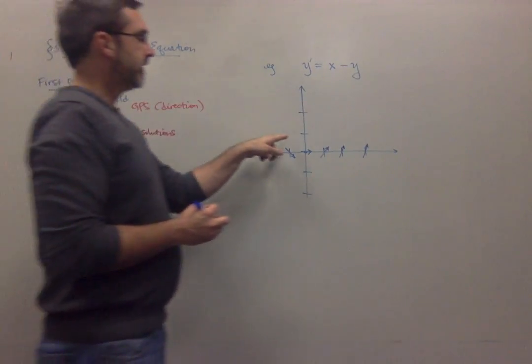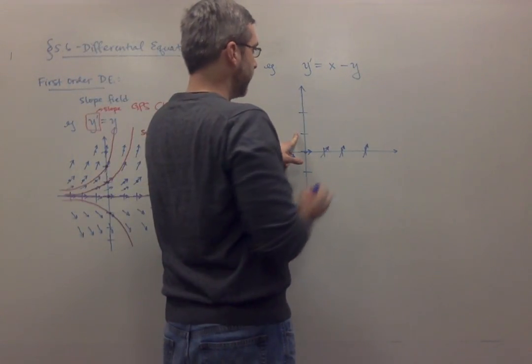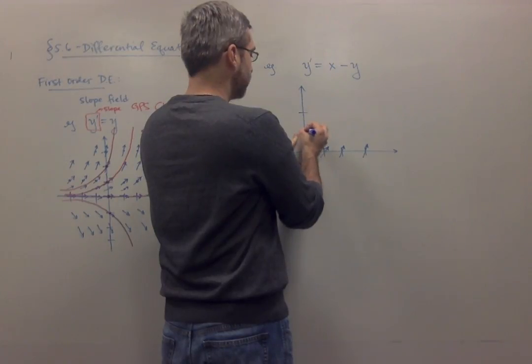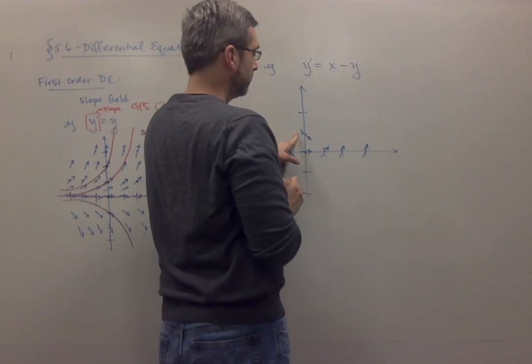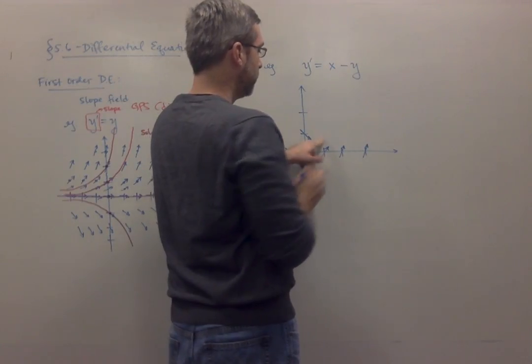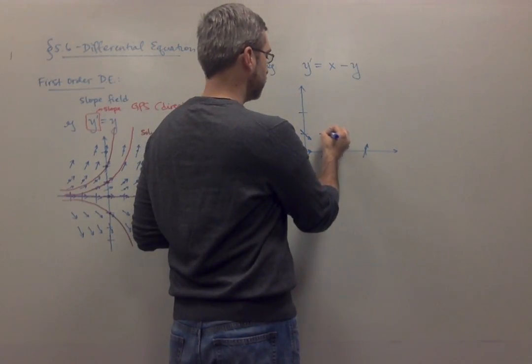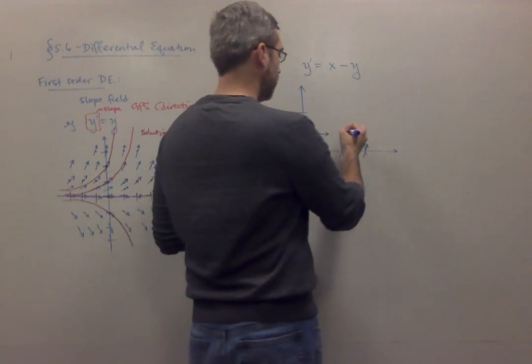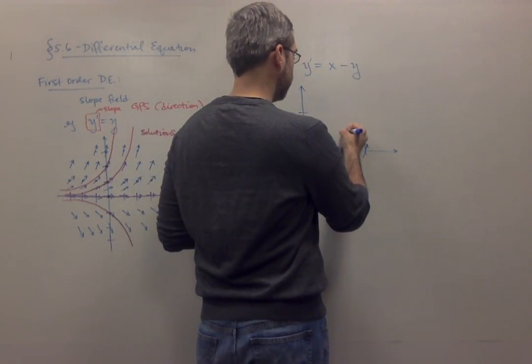Let's go up here now to 0, 1. At 0, 1, the slope is actually negative 1. Okay, and then at 1, 1, the slope is 0. And then at 2, 1, the slope is positive 1.